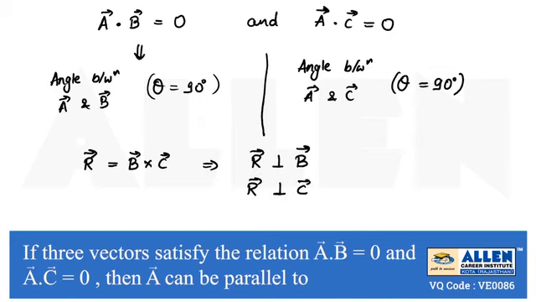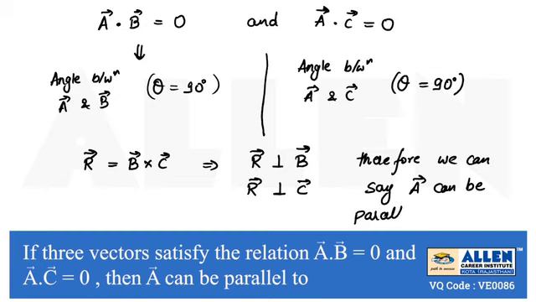So we can say the result of b cross c will give a vector which can be parallel to a vector, because a vector is also perpendicular to b vector and is also perpendicular to c vector. Therefore we can say a vector can be parallel to b vector cross c vector.